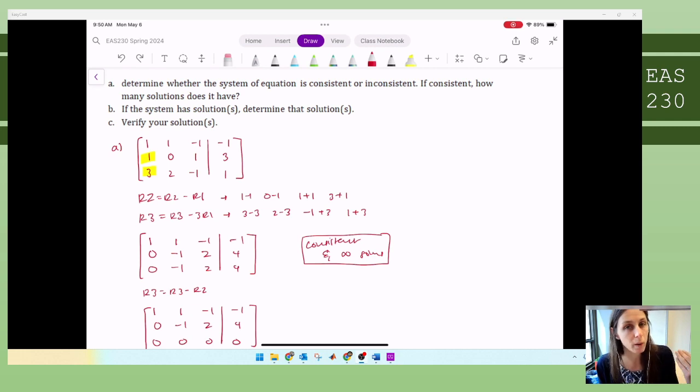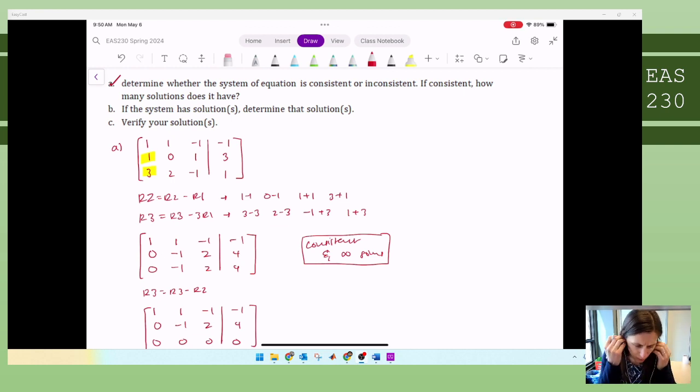If it told you to go all the way to REF, you would have to do this last step, but I don't have to because I know that's going to be zeros. It's zeros all the way across. This will also be a 0, which means my system is going to be consistent and it's going to have infinite solutions. If this number here was not a 0, if it was a 1, then it would be inconsistent and have no solutions. Okay, so then part A is done.